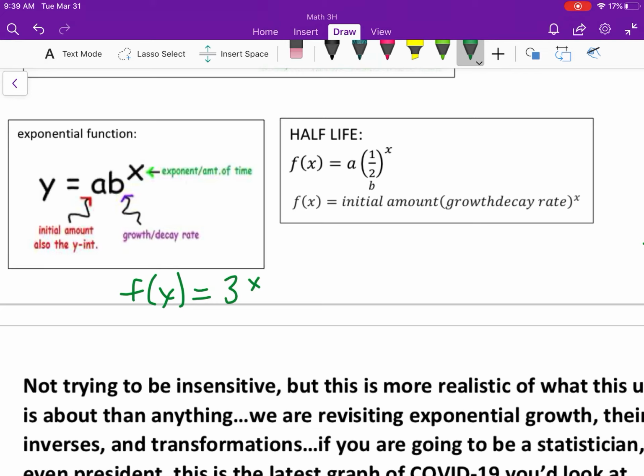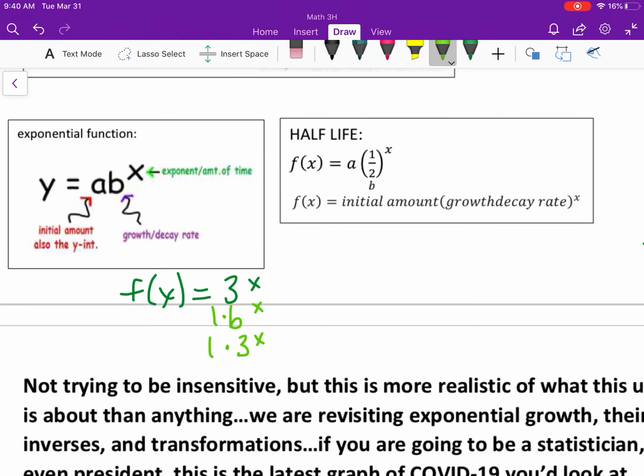Well, notice here's your b and here's your x. Well, where the heck is a? A is 1. Okay, so it's really 1 times 3 to the x is what you're looking at for the equation that we did up above. Just so you know that that 1 is then the y-intercept on where it starts.